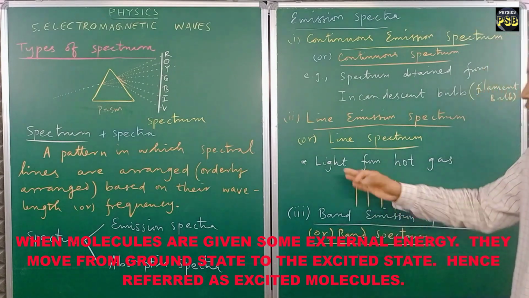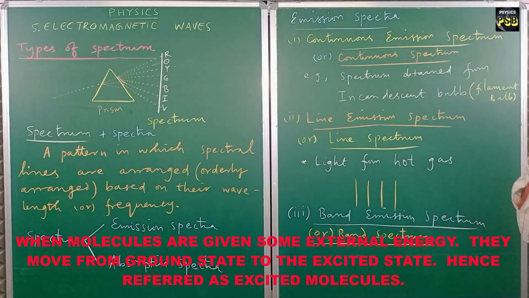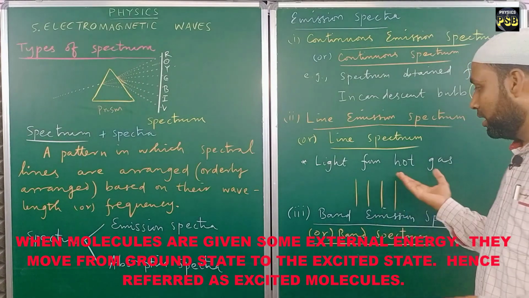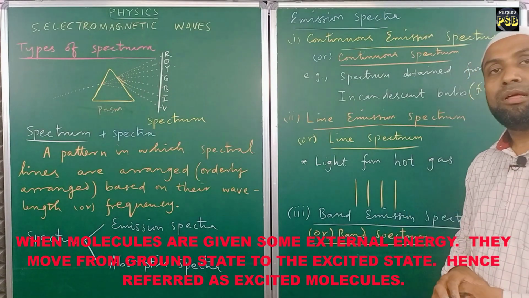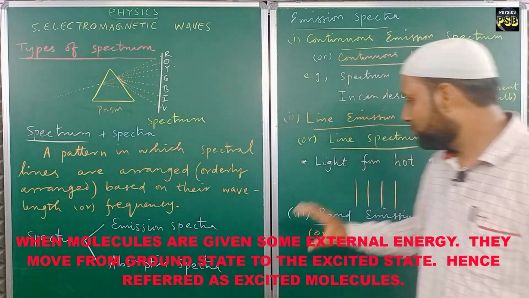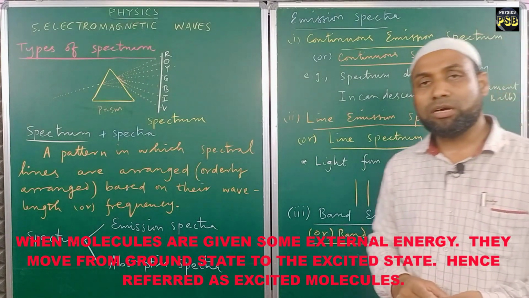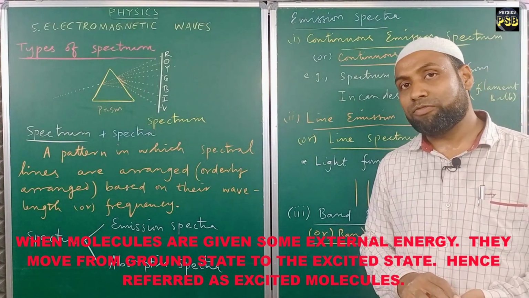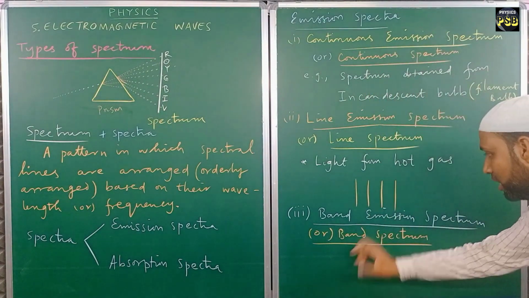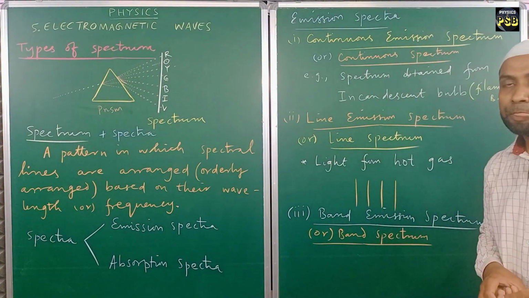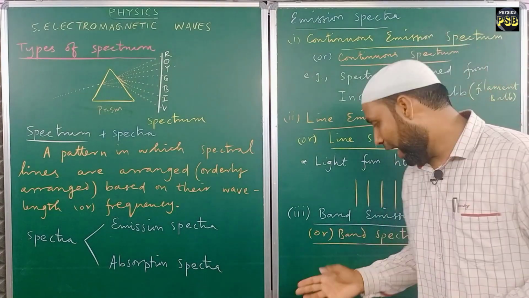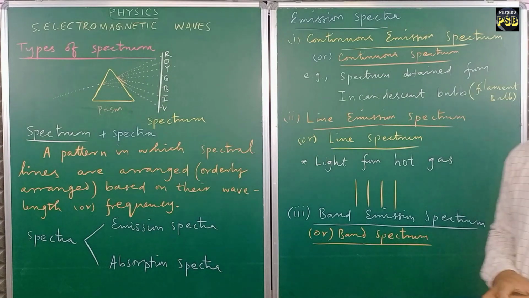In a similar way, as I told you, in case of line emission spectrum we get light from hot gas, that is, from excited atoms. So line spectrum gives the characteristics of a given element. In a similar way, band emission spectrum gives the characteristics of a molecule as it is obtained from excited molecules.